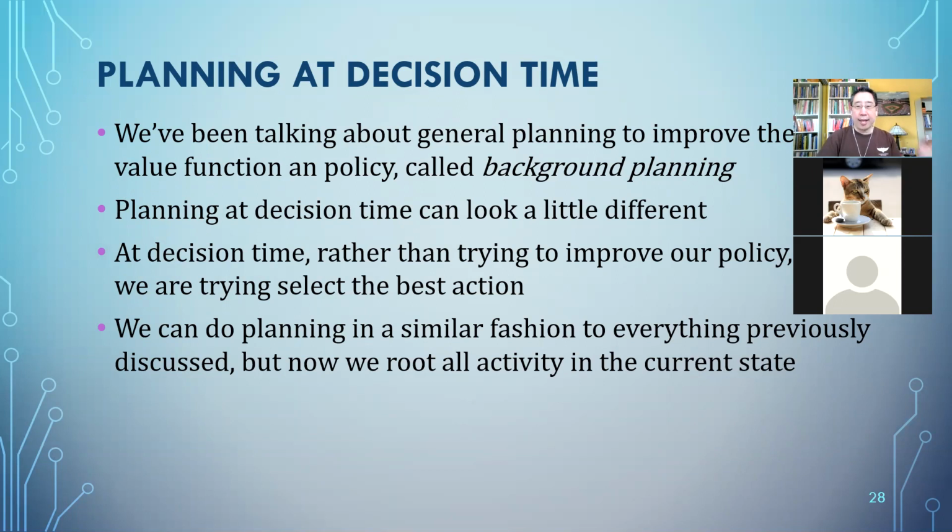You're going to say, here's my current board position, and I want to do some planning on what is the best move here. At this point, I'm not trying to figure out what's the best opening. I'm not trying to figure out what's the best way to do an end game. I just want to focus all my resources on what move I should make next. So that's really what planning at decision time is.